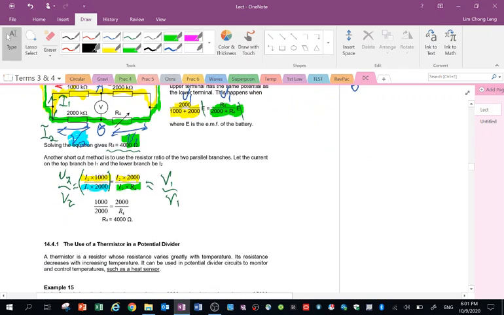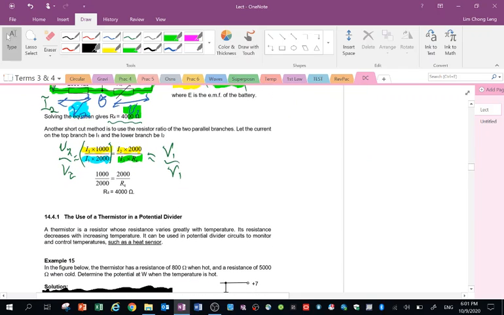Right, let's move on. Use of a thermistor in a potential divider. So what is a thermistor? A thermistor is a resistor whose resistance varies greatly with temperature. You have to take note that it is a device where the resistance decreases with increasing temperature. It's the reverse.